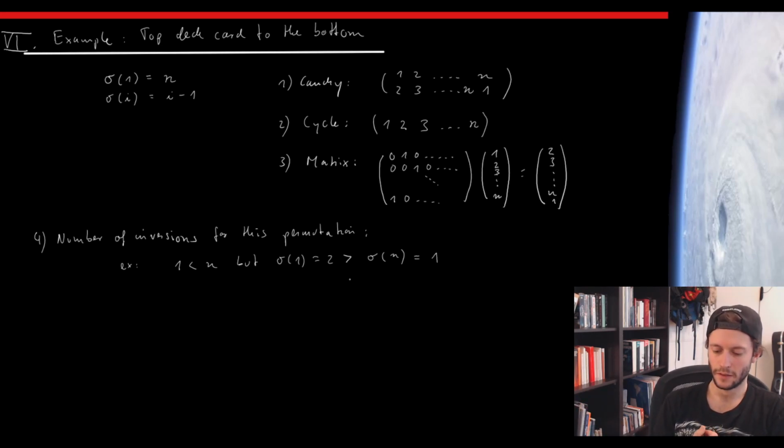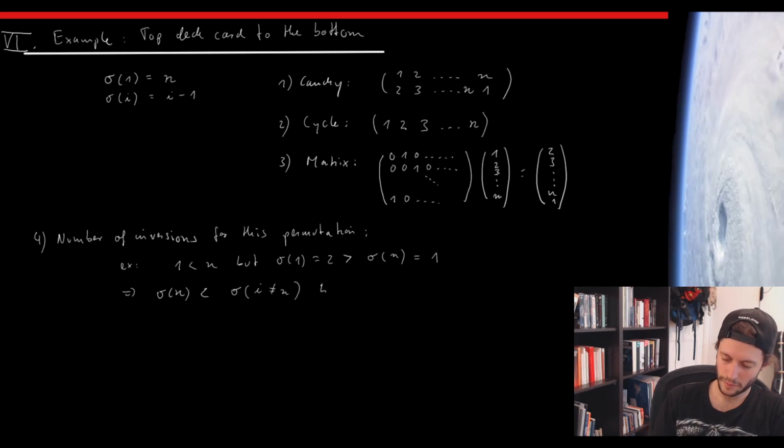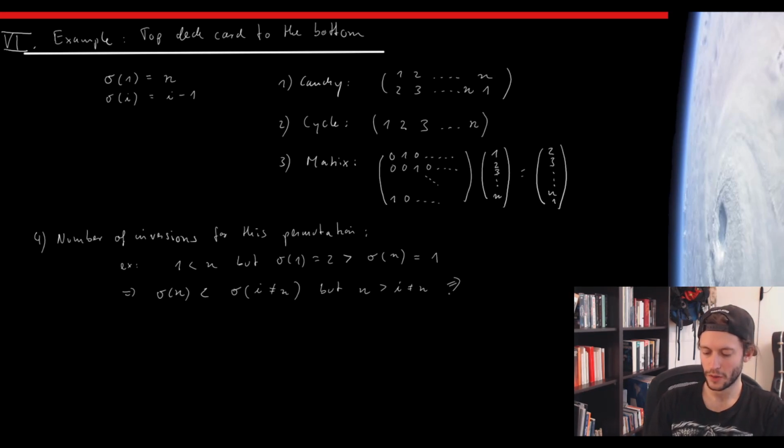So basically, sigma of n is smaller than sigma of all i not equaling n, but n is bigger than all i not equaling n. Therefore, how many inversions do we have? You count them. I wait.